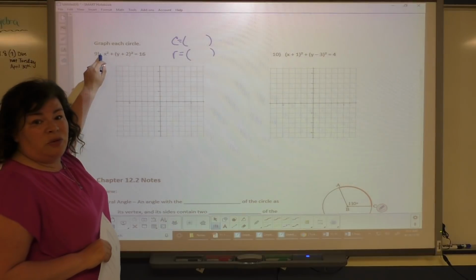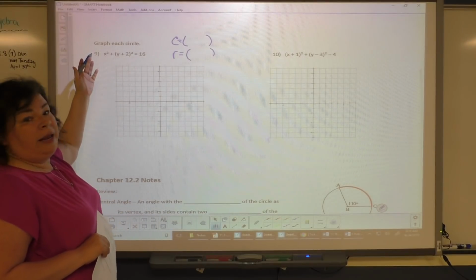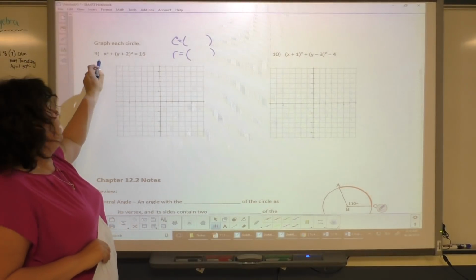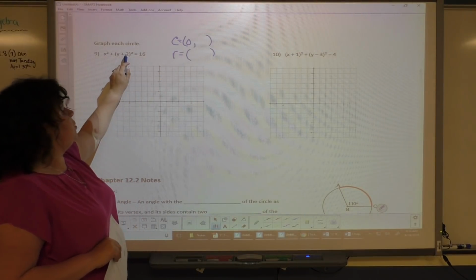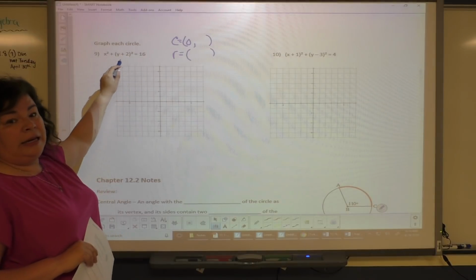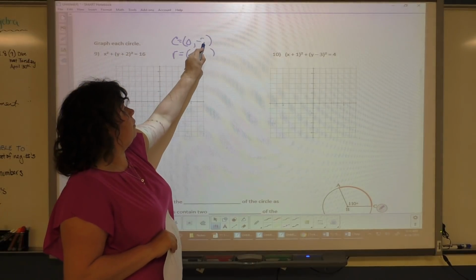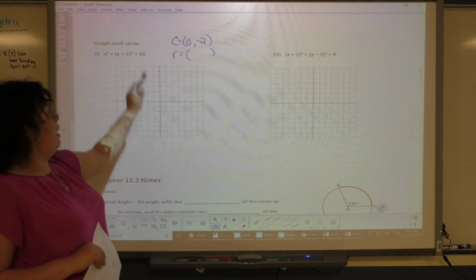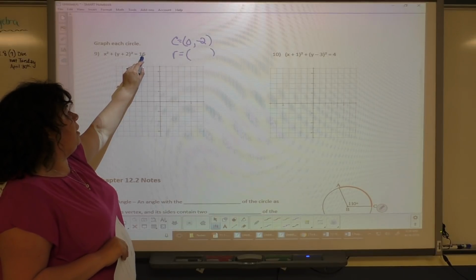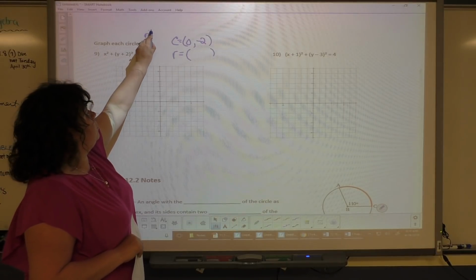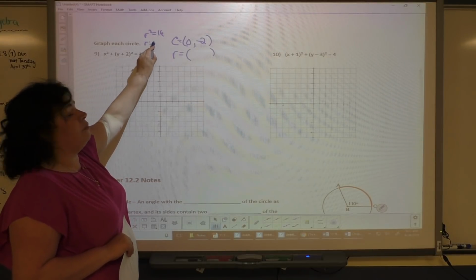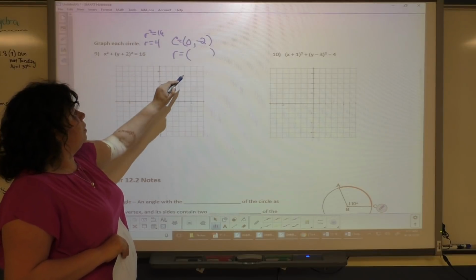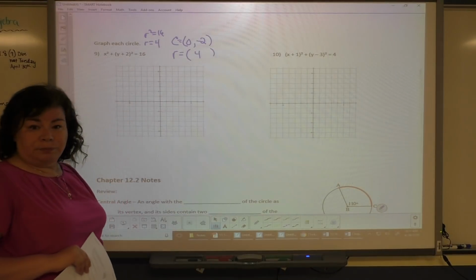So if this is x squared, then my center must be at 0, comma, and if this is positive 2 inside here, I know it's the opposite, which is −2. And if this represents radius squared, and radius squared is 16, then my radius is the square root of that, which is 4.